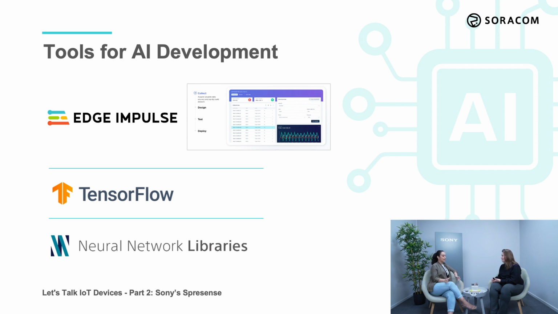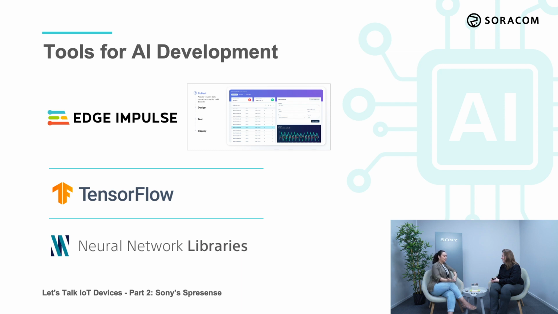Edge Impulse is a leading machine learning platform for microcontrollers, and they have a graphical interface that helps you go through all of the steps in your machine learning process. So you can acquire data, create your own data set, train your model, test it, and then deploy this trained model onto the Spresense. And this is all with the help of a good user interface.